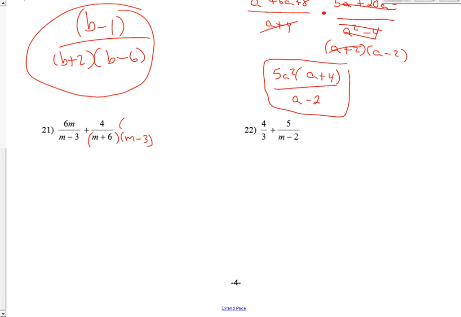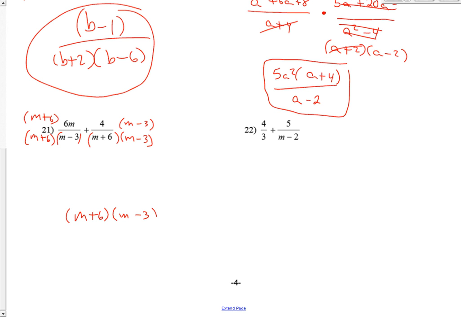Since I'm putting an m minus 3 in the denominator, I also need it in the numerator. On the left side, I have the m minus 3, but I don't have the m plus 6, so I'm going to put m plus 6 up on the top. So now I have a common denominator of (m plus 6) times (m minus 3).